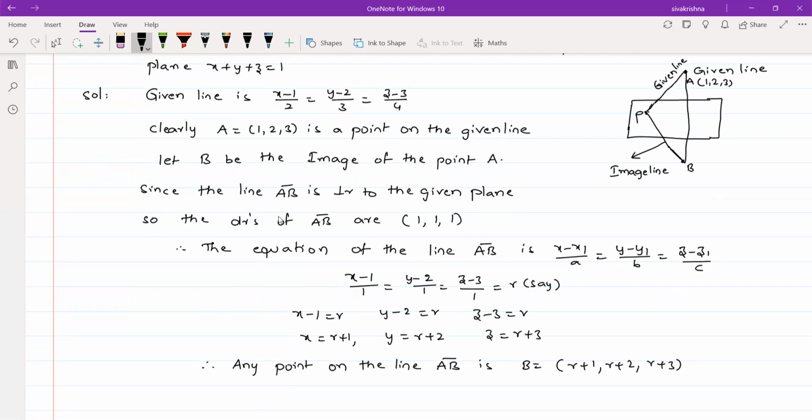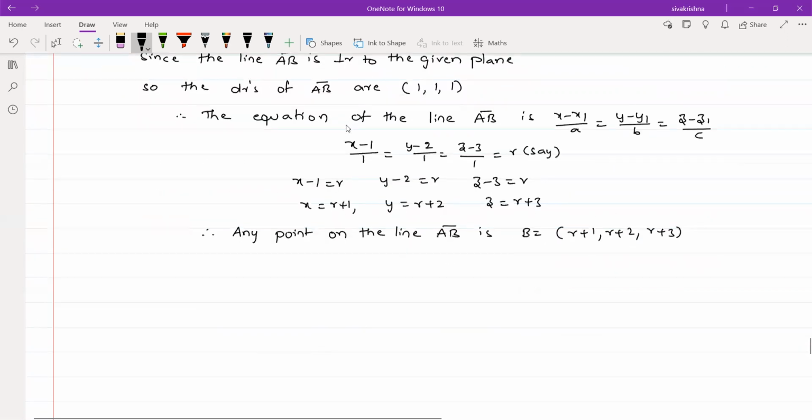If you observe the line AB, clearly the midpoint of AB lies on the given plane. If you observe the diagram, clearly the midpoint of AB lies in the given plane. So in order to find the value of r, I am finding the midpoint of AB.